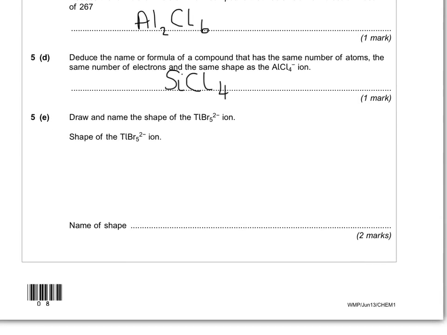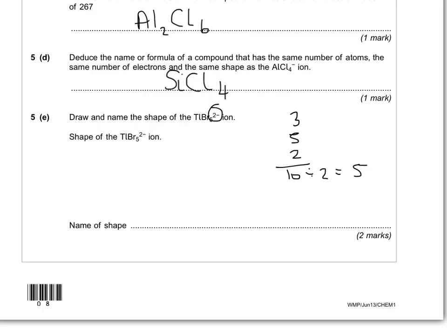Draw and name the shape of the TlBr5 2- ion. So thallium is in group 3. So you've got 3 electrons from that, you've got 5 bonds, and you've got 2 more electrons from the 2 minus charge. So add that up, that adds up to 10, divide by 2, that gives you 5.